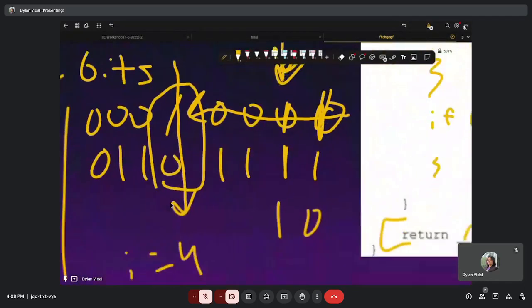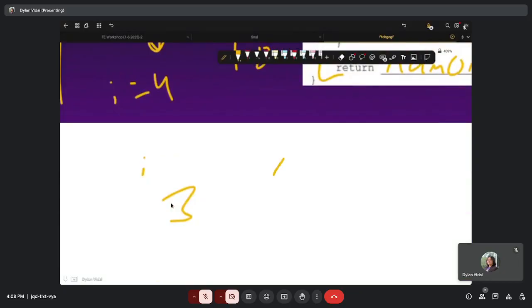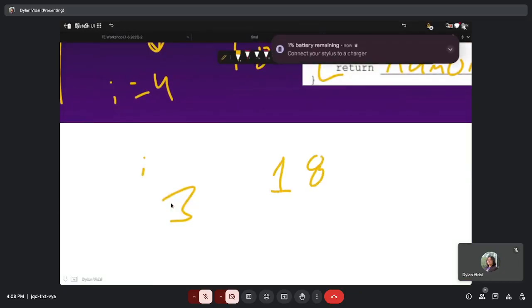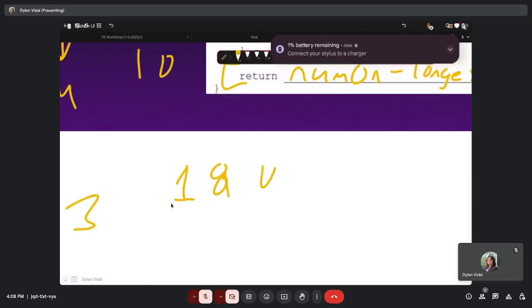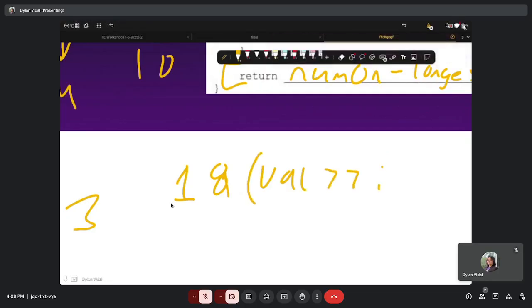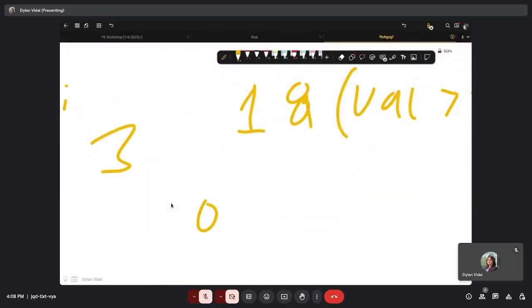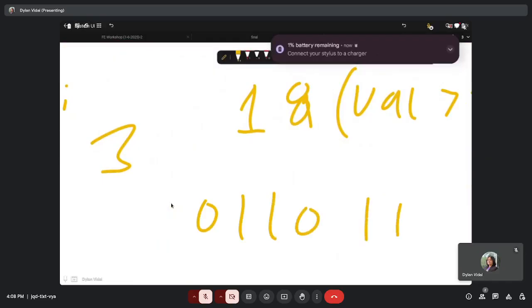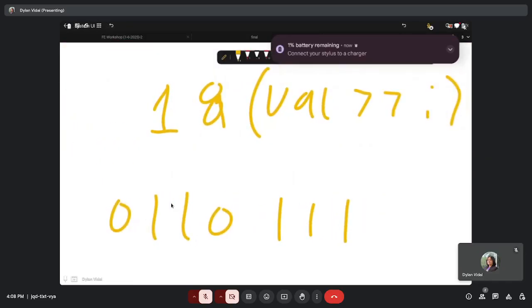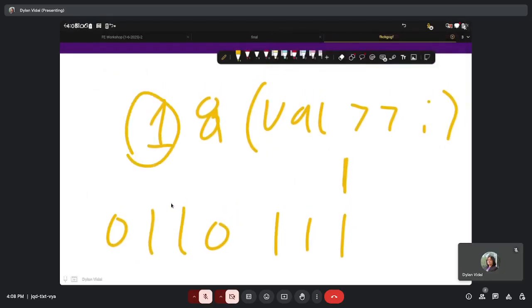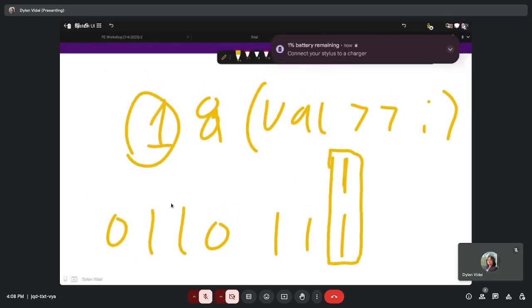You could actually do 1 AND value right shifted i. Does that make more sense in a little bit? Because then what we could do, imagine we have 0, 1, 1, 0, 1, 1, 1, right? And let's say this is our 1 right now. So right here. So this AND right there, right?